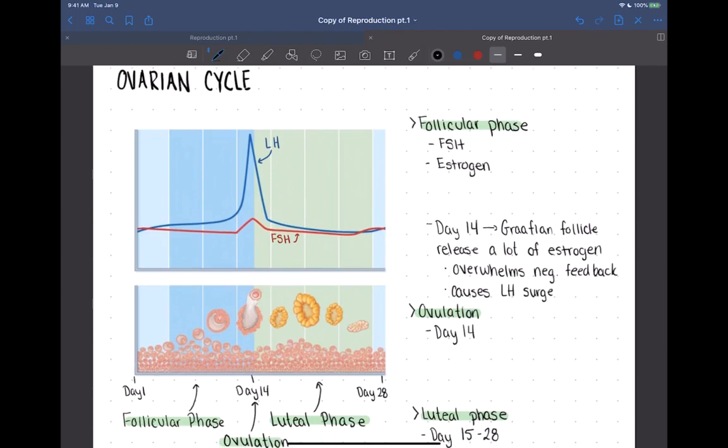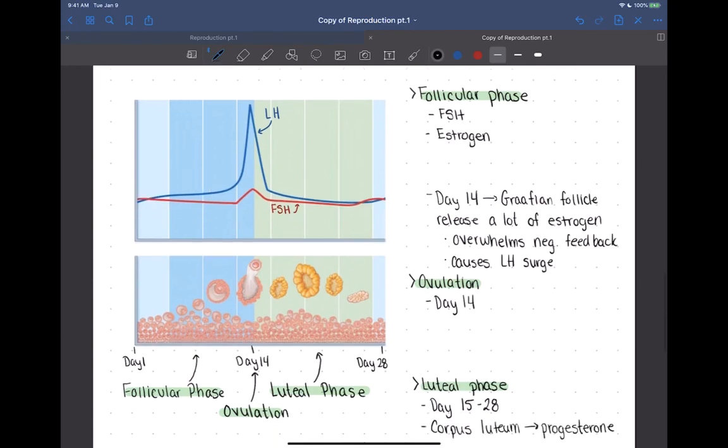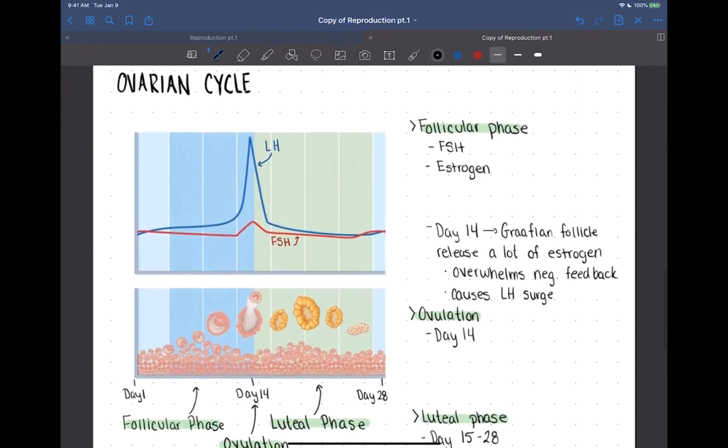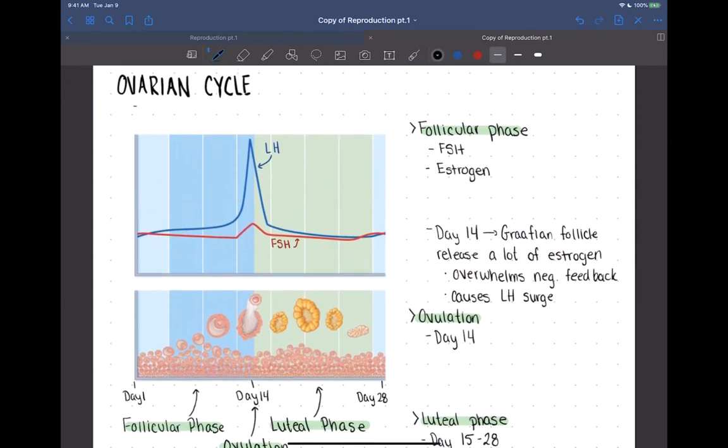The ovarian cycle is 28 days long. You can see down here we go from day 1 to day 28. It functions through a series of choreographed, coordinated positive and negative feedback.